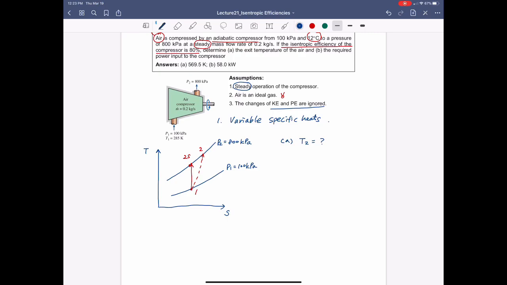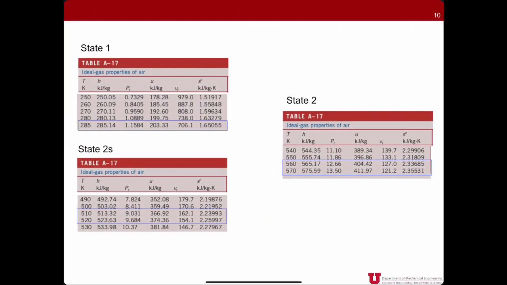Now, because we are dealing with a variable specific heat case, we have to use a table for an ideal gas. And for air as an ideal gas, we have to use table A-17. Now let's look at table A-17.